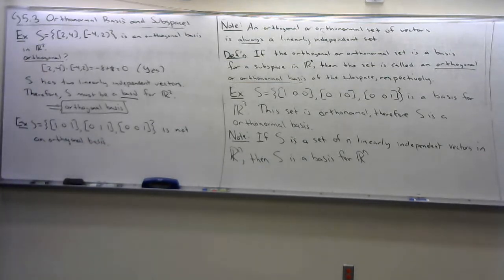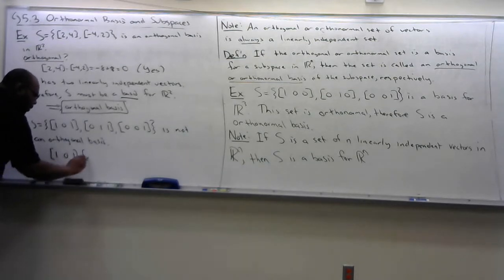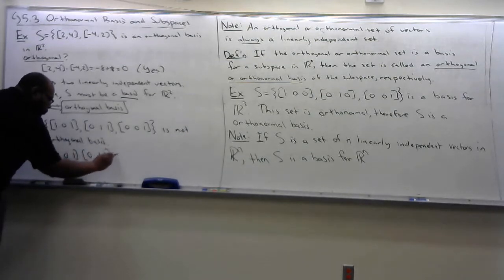How do I know it's not an orthogonal basis? Well, if it's an orthogonal basis, then I should be able to take the dot product of any two of these vectors. So I'll take the dot product of (1, 0, 1) dotted with (0, 1, 1).